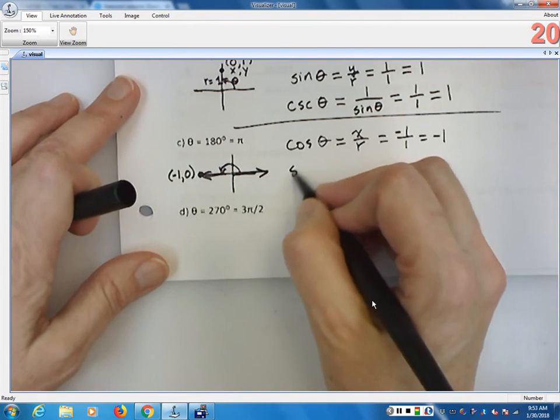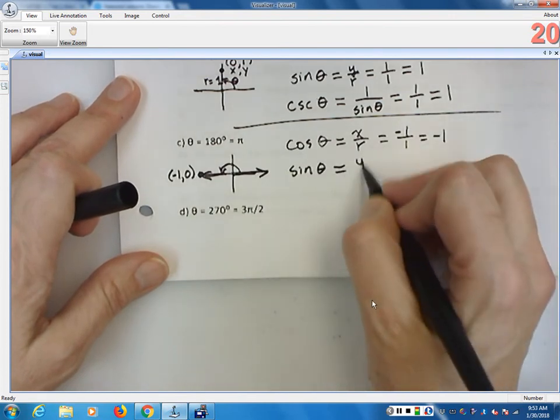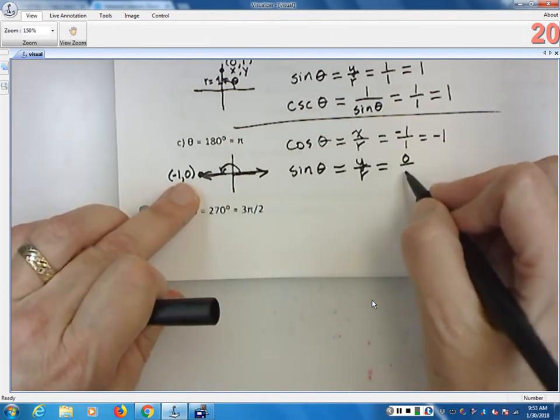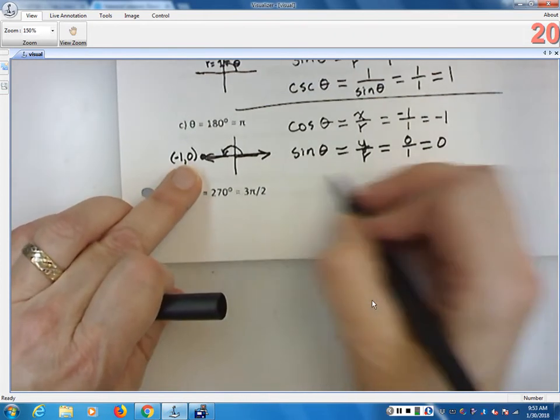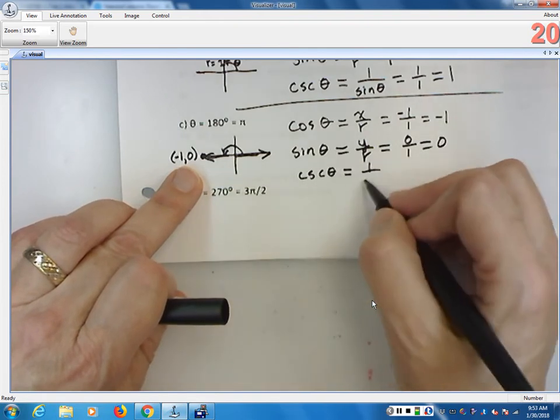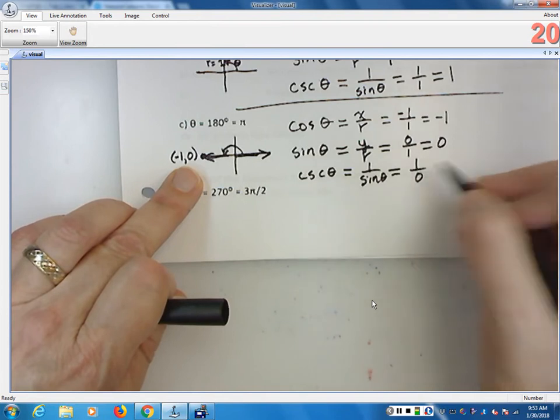I'm finding sine so that I can find cosecant easily. It's y over r, and y is 0, so 0. So cosecant theta is 1 over sine, 1 over 0, which is undefined.